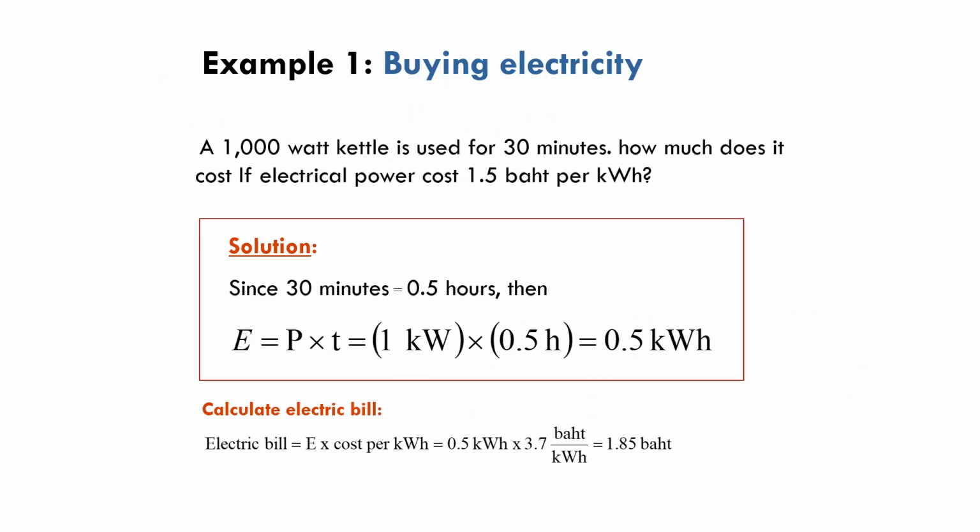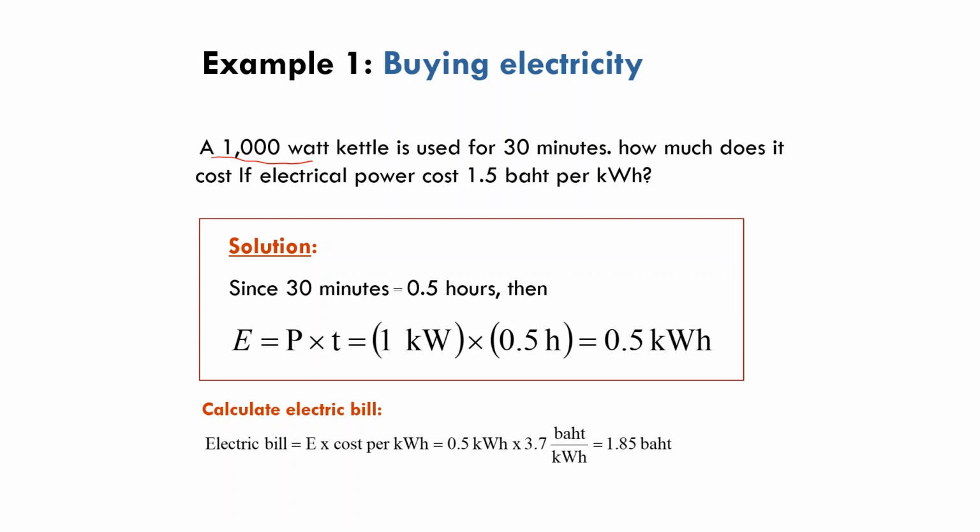So we have a 1000 watt kettle, and we use it for 30 minutes. How much does it cost if electrical power costs 1.5 baht per kilowatt hour? First of all, you have to identify what we have. The first one, 1000 watt.